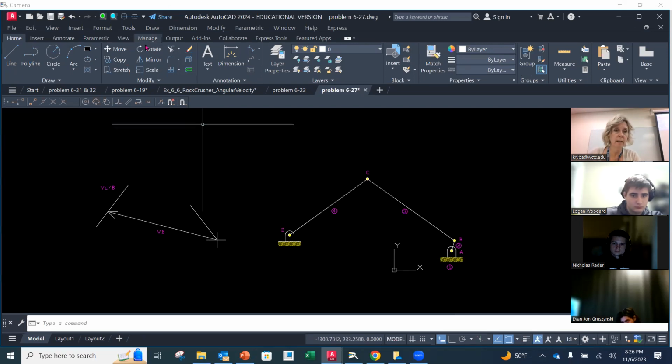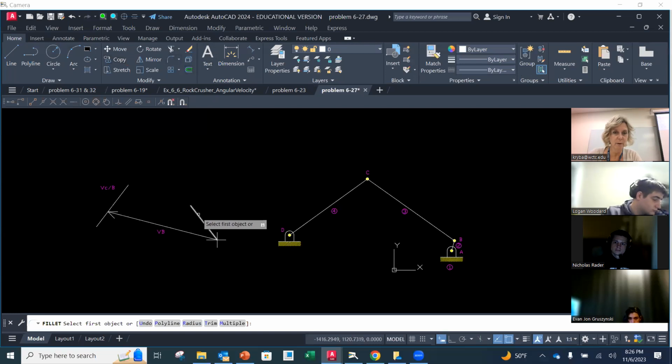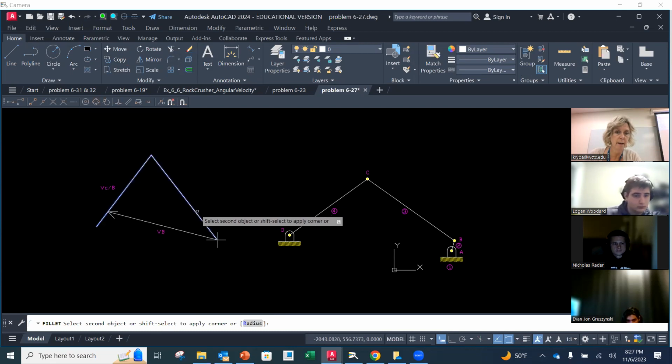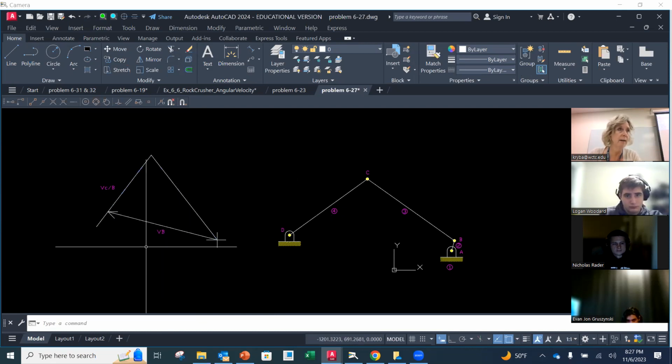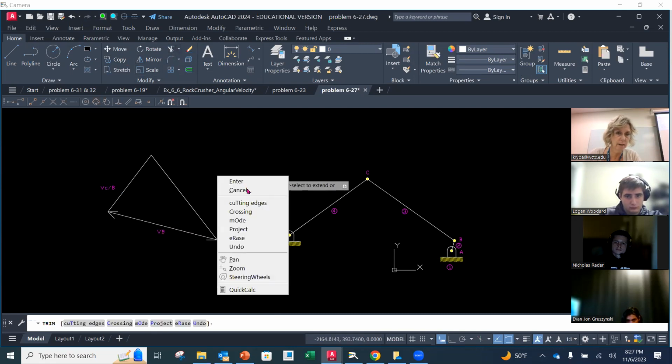So I'm going to click the fillet function, and then it'll actually find the intersection of the two and trim them as well. So where's fillet? Fillet's right there. And I'm going to check my radius, R, enter, and it's at 0. And I want it to be 0 so it makes a sharp corner rather than a radius. So I'm going to click on this one and that one, and it'll automatically find their intersection. And then I can trim away this right here.